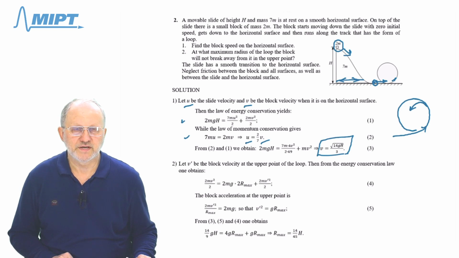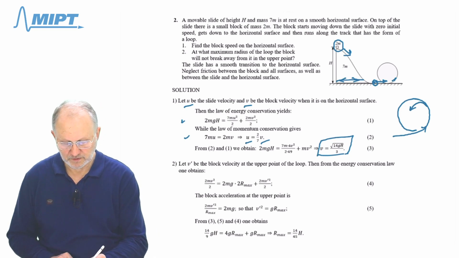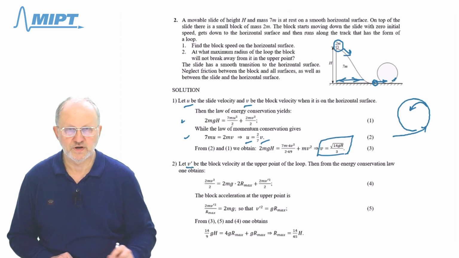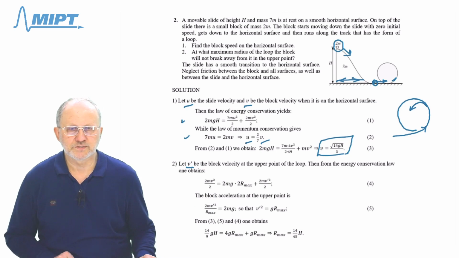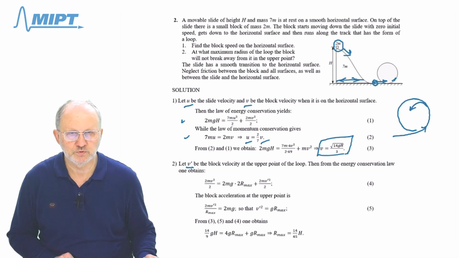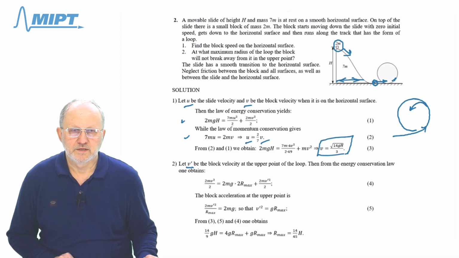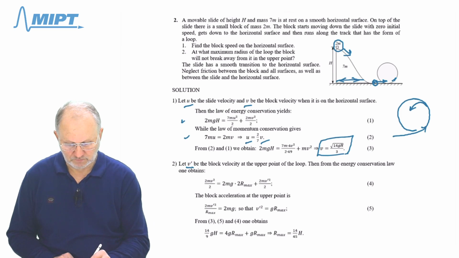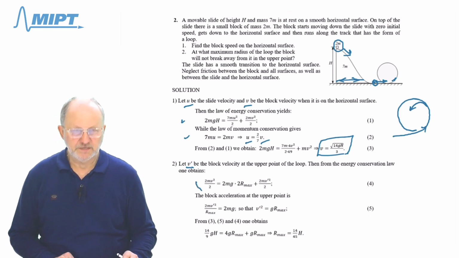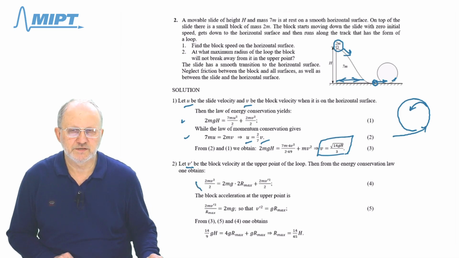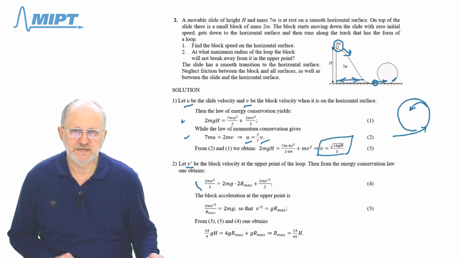In order to find the answer to this question, we must introduce a new quantity, which is v prime, the block velocity at the upper point of the loop. From the energy conservation law, we obtain this equation. The energy conservation can be applied in this case because there are no forces of friction, no air drag.